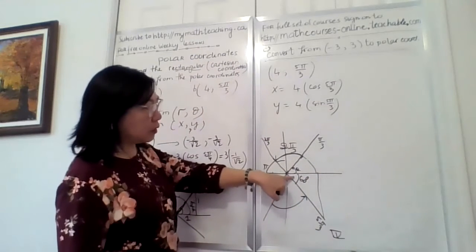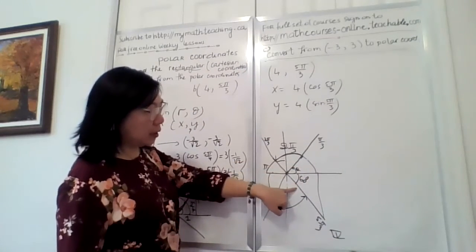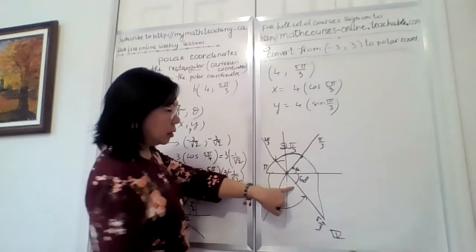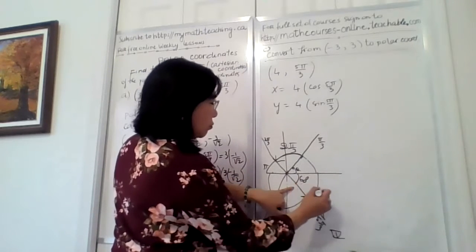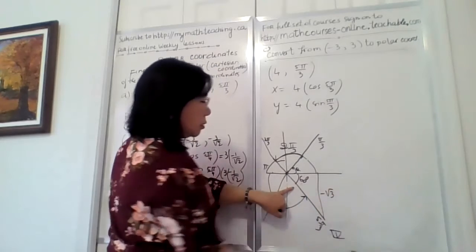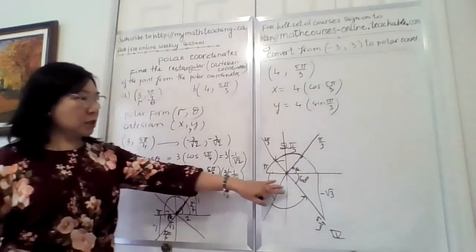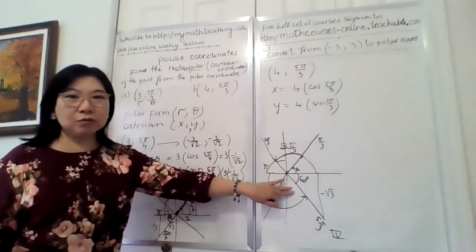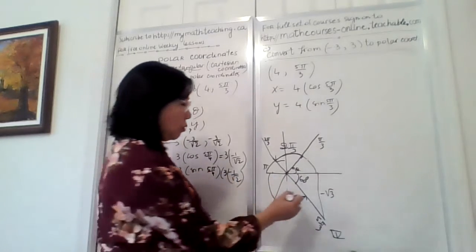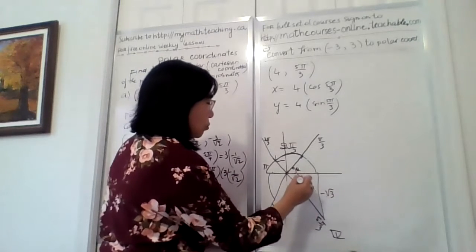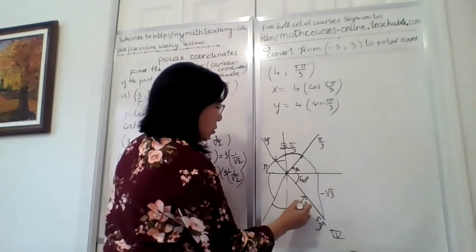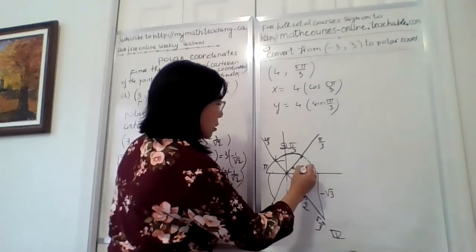And if pi over 3 is equivalent to a 60-degree angle in this fourth quadrant, then the length opposite the 60-degree angle is minus square root 3. This is based on the special triangle trick. So this is minus square root 3, and this radius is 2, and this is 1.